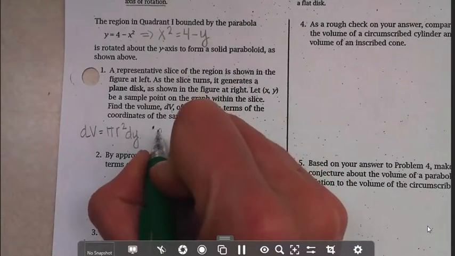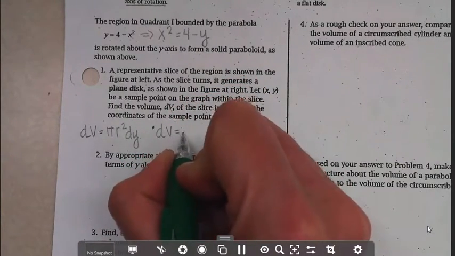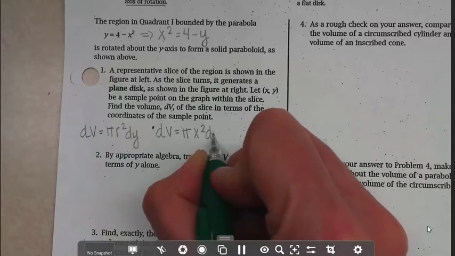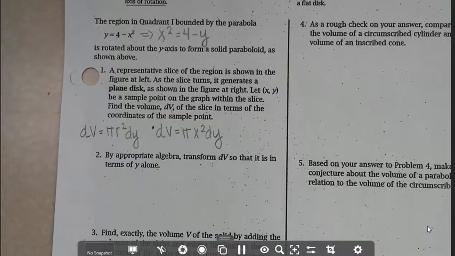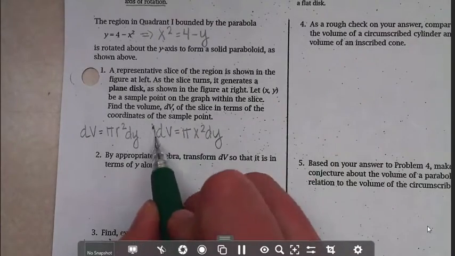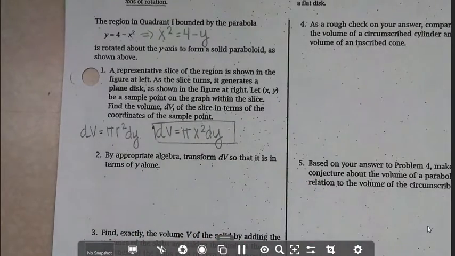So dV will equal pi times the radius, x squared, dy, in terms of the coordinates of the sample point. So there we go. That's what we've got.